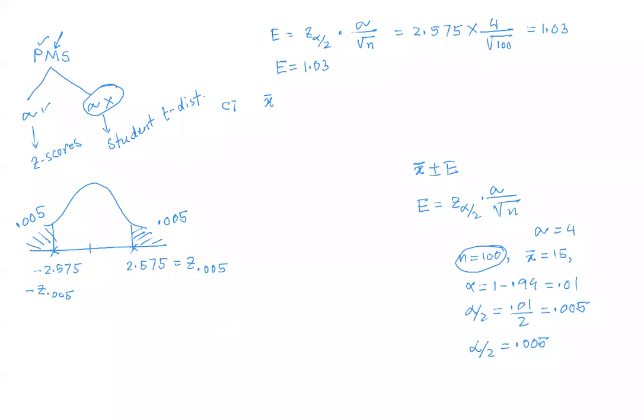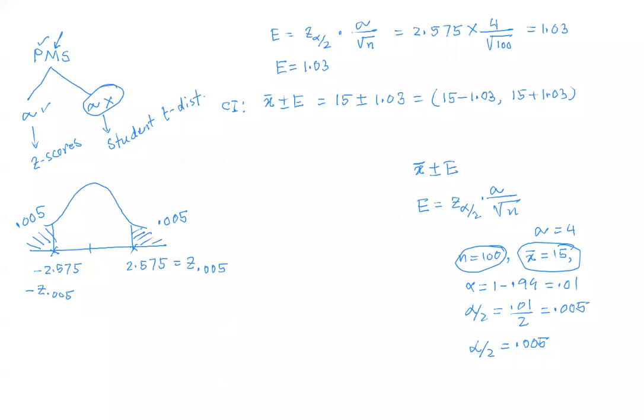So your confidence interval is going to be X bar plus or minus the margin of error. X bar is 15, the number that was given to you, plus or minus the margin of error 1.03. If you write it out, it is 15 minus 1.03, comma, 15 plus 1.03.